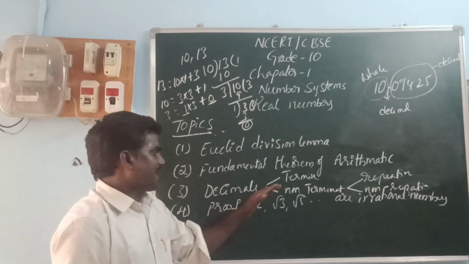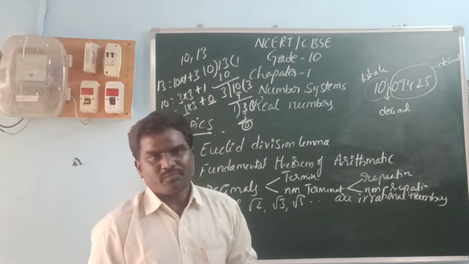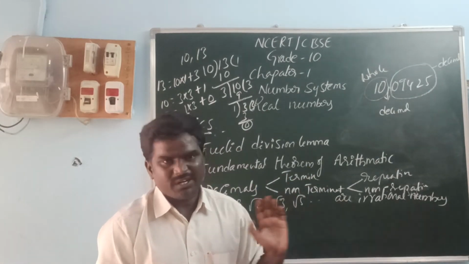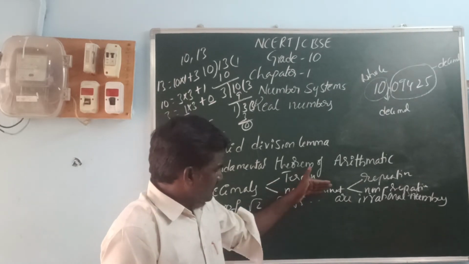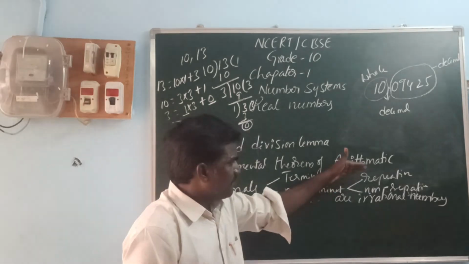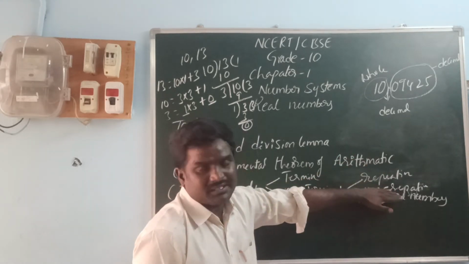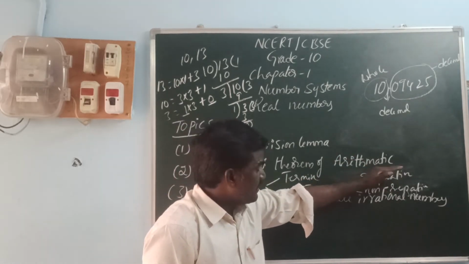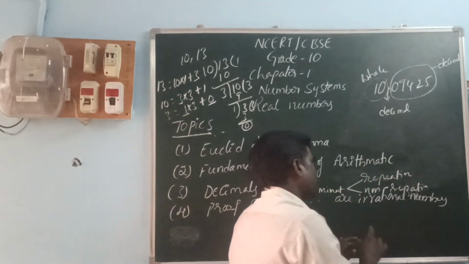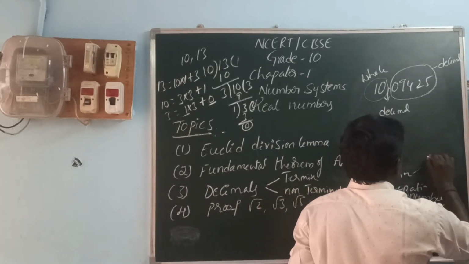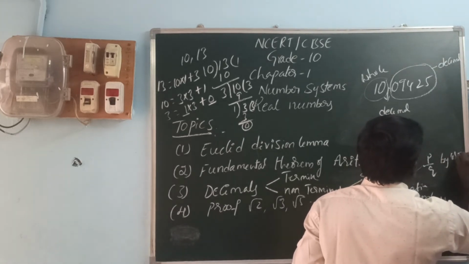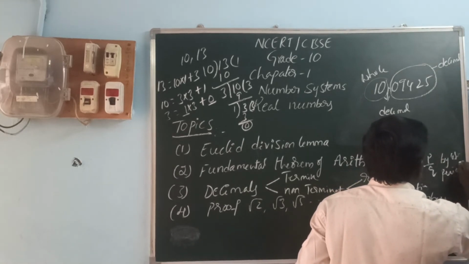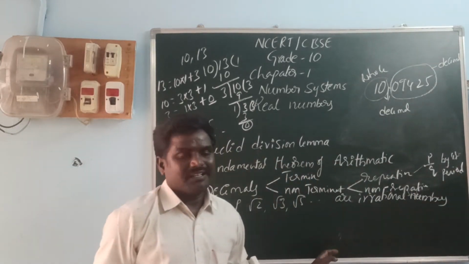Terminating decimals can be written in the form of P by Q by using exponent form. Non-terminating decimals are divided into two types, repeating and non-repeating, recurring or non-recurring. The non-terminating repeating decimals can be written in the form of P by Q by using period and periodicity.